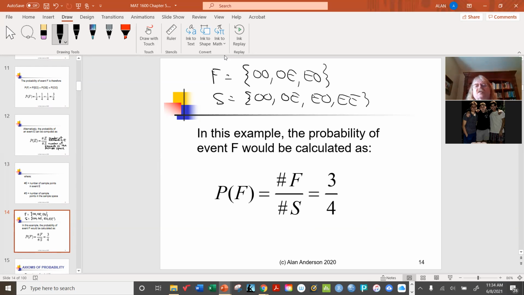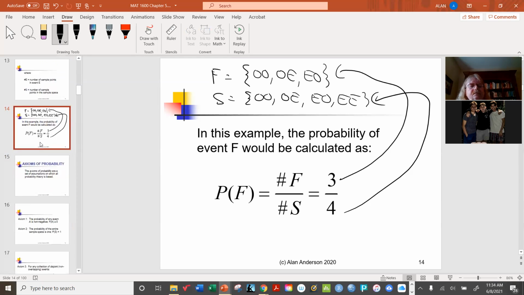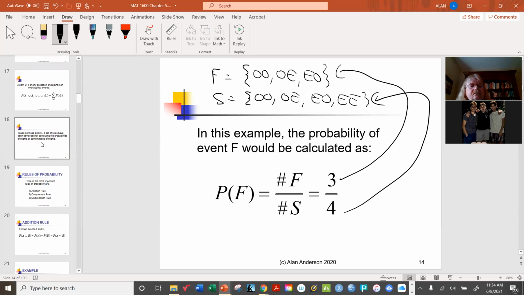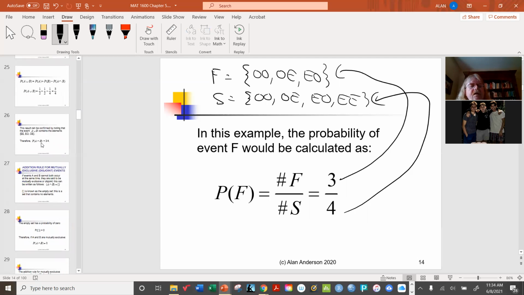In other words, sometimes before I wrote S with EE first, it doesn't matter. The order is irrelevant. What matters is what elements are actually in this set. So you can see there's 3 elements in F out of a total of 4 in the sample space. That's all we need to determine that the probability of F is 3 out of 4.